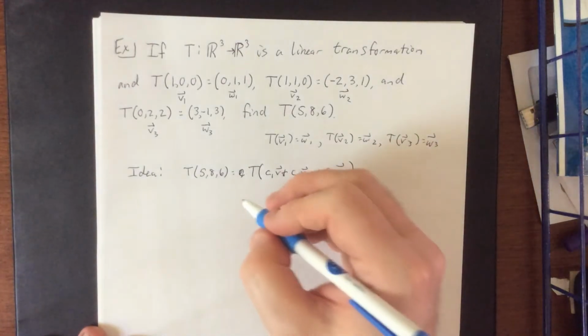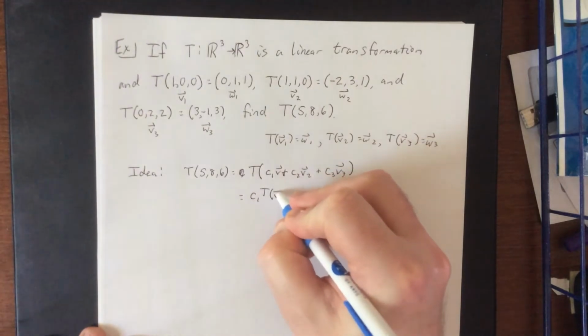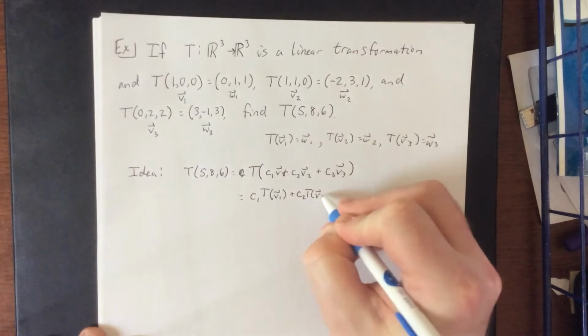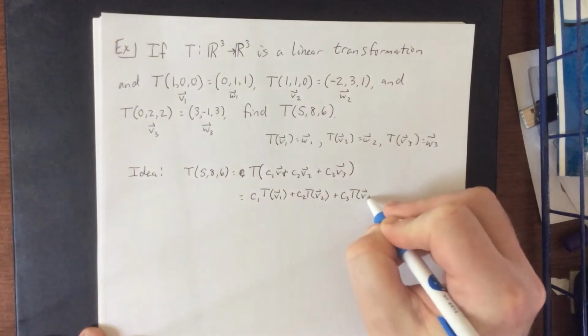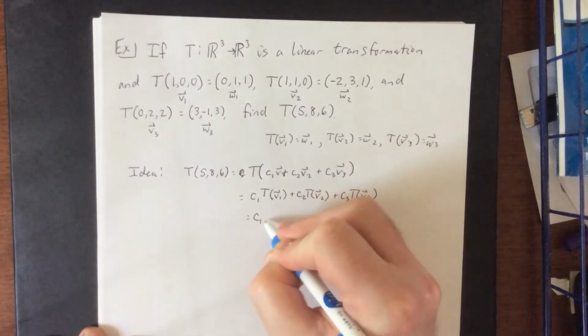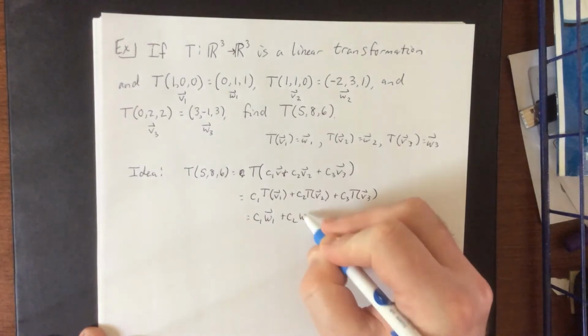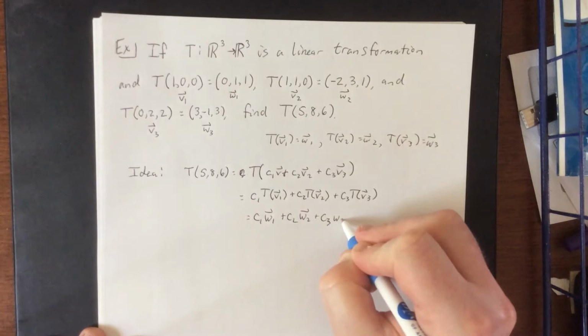Once we do so, we can apply properties of linearity to express this as C1 times T of V1 plus C2 times T of V2 plus C3 times T of V3, which will allow us to express this as C1W1 plus C2W2 plus C3W3.